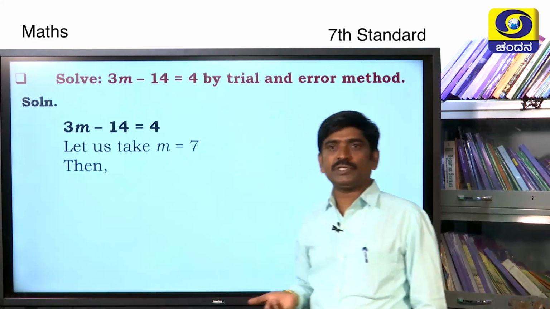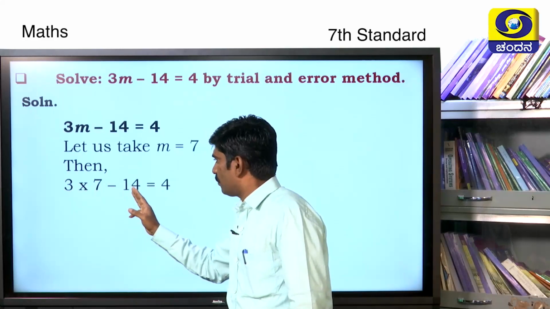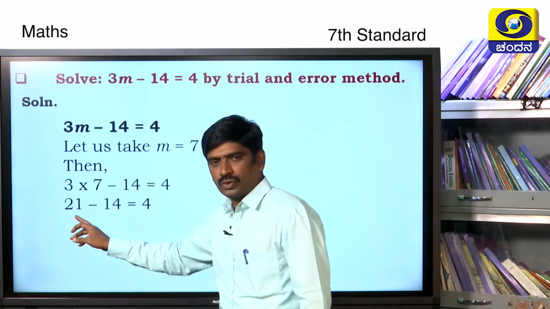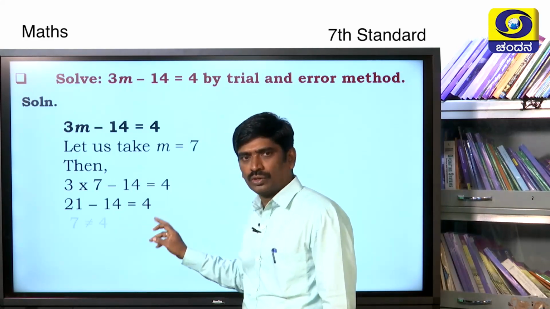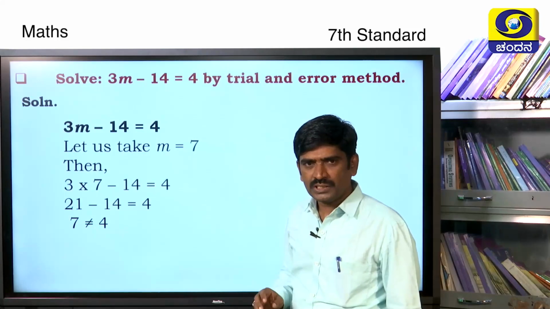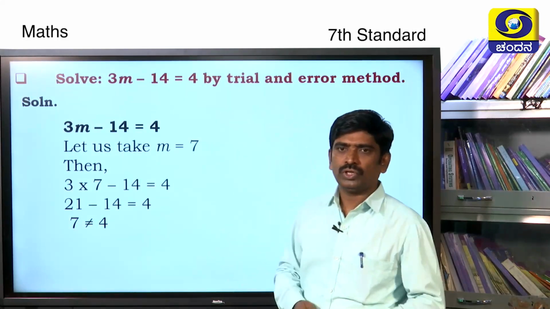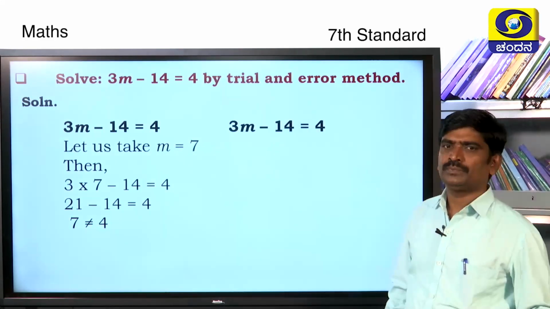If you take m is equal to 7, then what happens? 3 into 7 minus 14 is equal to 4. 3 sevens are 21, minus 14. 21 minus 14 is 7. 7 is not equal to 4. That's why here also the solution is wrong.